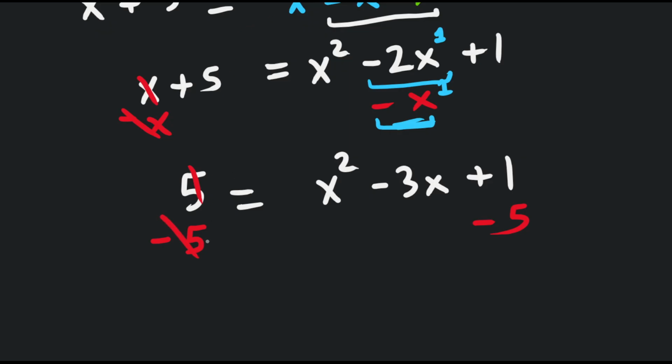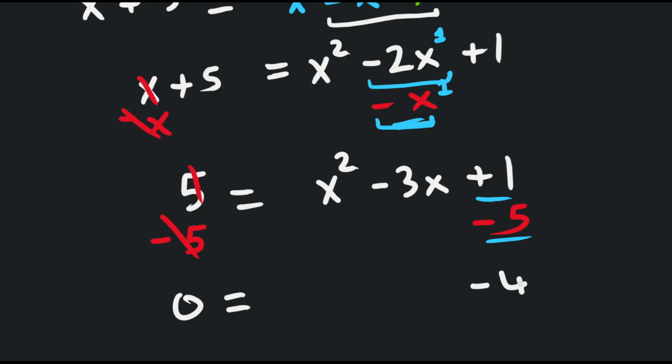On the left side, we have 0 equals. And on the right side, we can subtract 5 from the positive 1, since these are both like terms, constants with no variables. So what's 1 minus 5? That's negative 4.